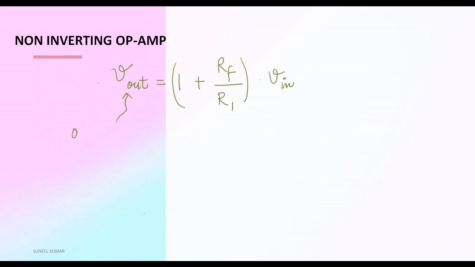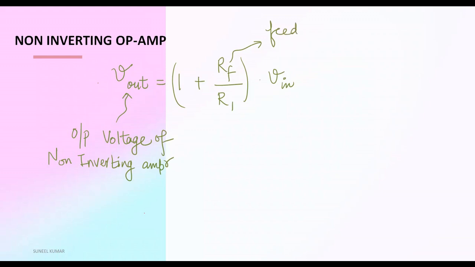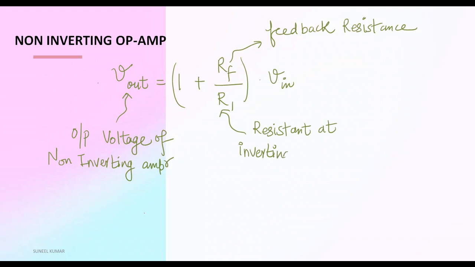What is this? This is the output voltage of the non-inverting amplifier. This RF is the feedback resistance. R1 is the resistance at the inverting terminal.